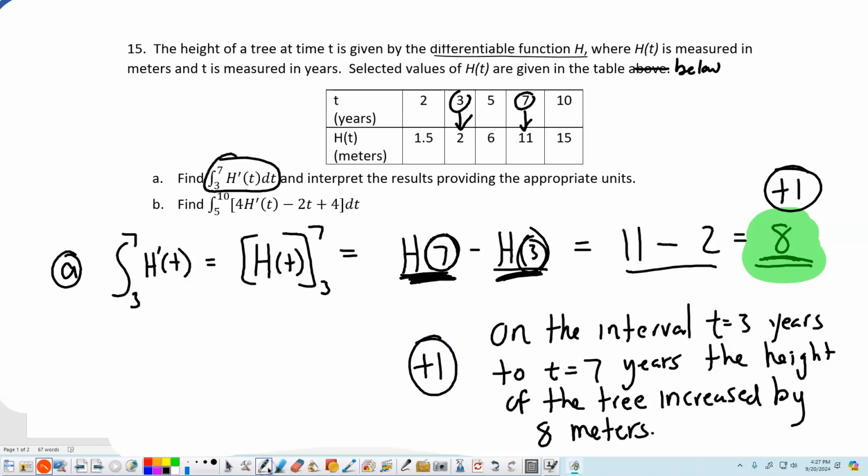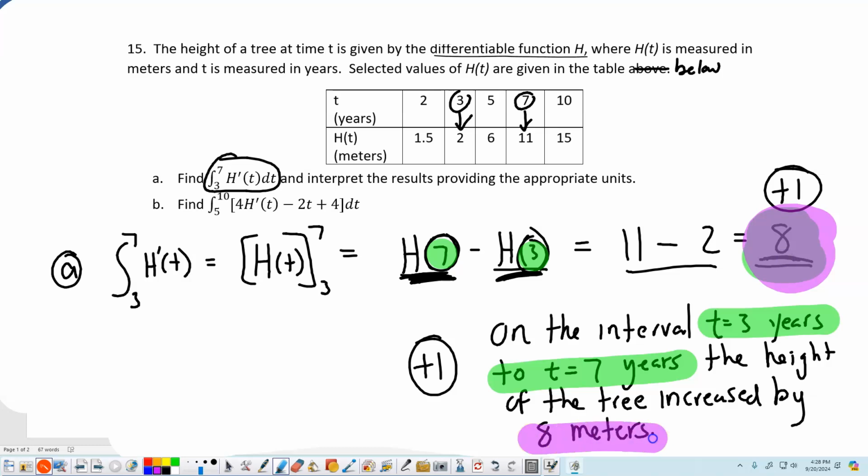Now the interpretation has to have 3 parts to it. It has to have the input units, which are years. So I put t equals 3 years to t equals 7 years. It also has to have the output units. That would be the 8 there. So the output units are meters, so it's 8 meters.